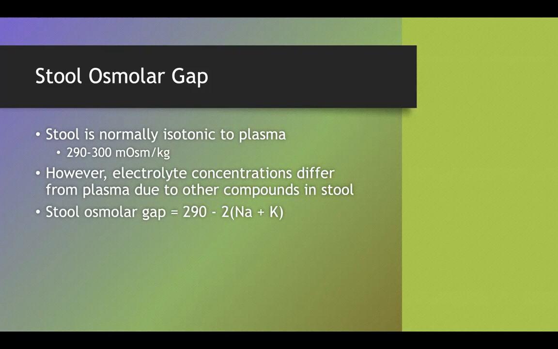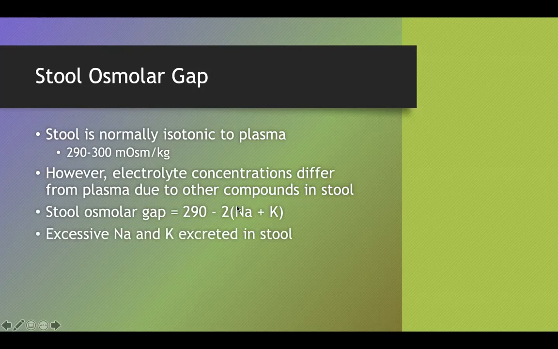So what do I mean by that? Our stool osmolar gap is essentially our expected concentration of our stool, which is 290, minus what we figure out for how much sodium and potassium are in our stool, to give us an idea of whether this is an osmotic or secretory diarrhea. I know this equation is kind of confusing.